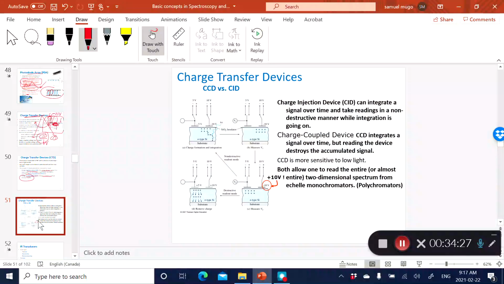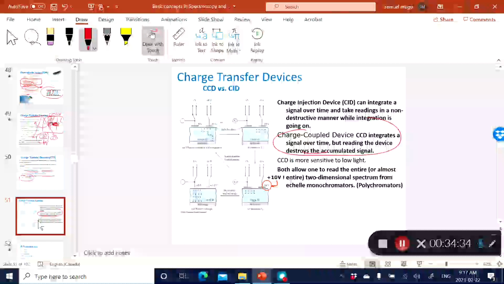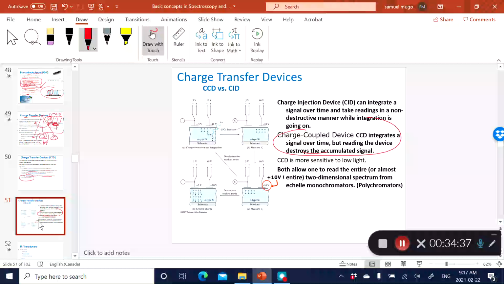So take note of this then, with the CCD, you are destroying the signal because I'm moving the holes to a charge amplifier. But very important, with the CID, I'm actually not destroying the signal.